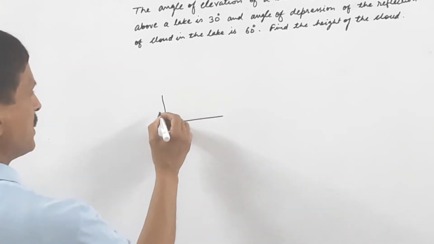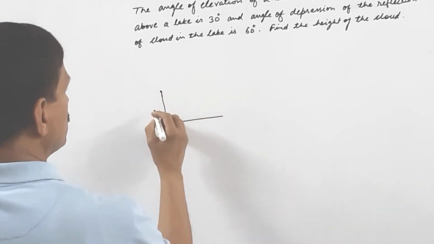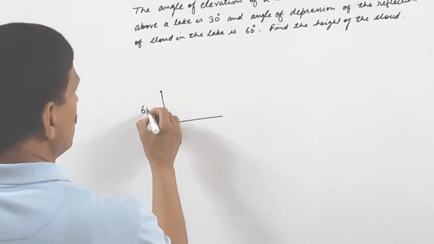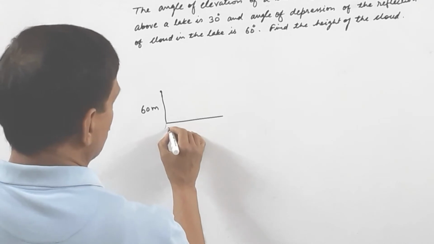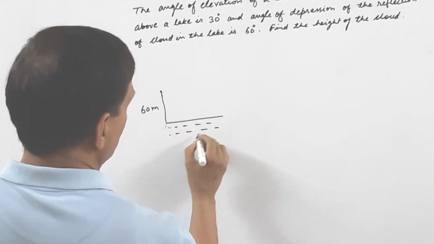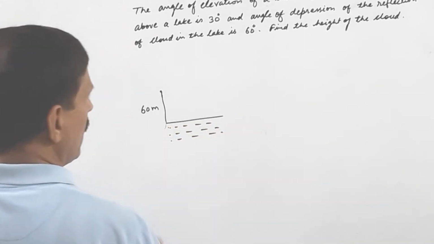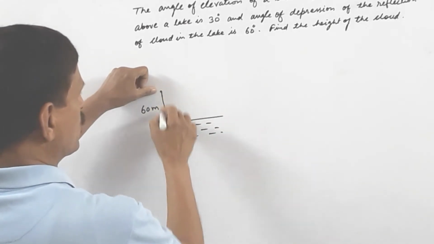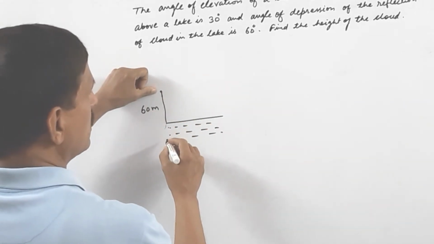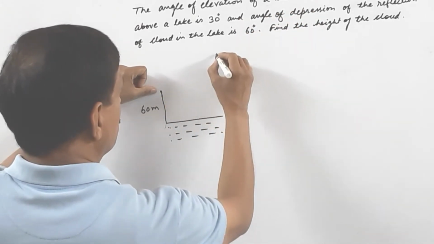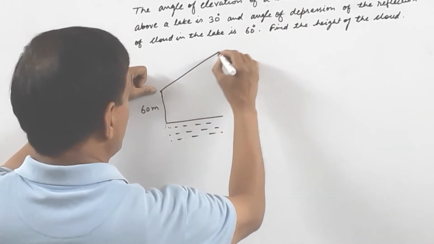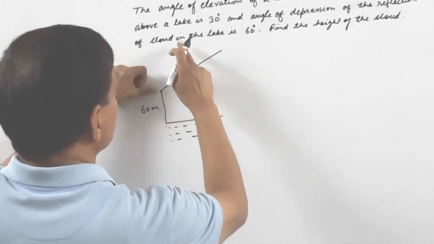This is a point which is 60 meter from the lake. Suppose this is the lake and this point of observation is 60 meter above the lake. Angle of elevation of the cloud is 30 degree.